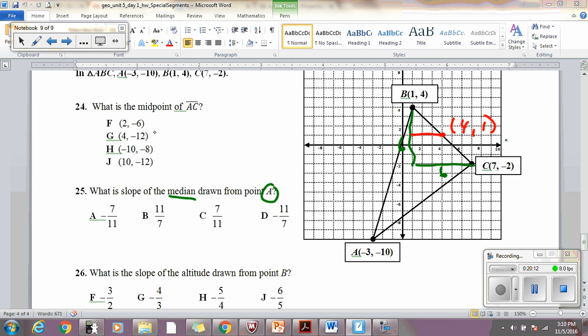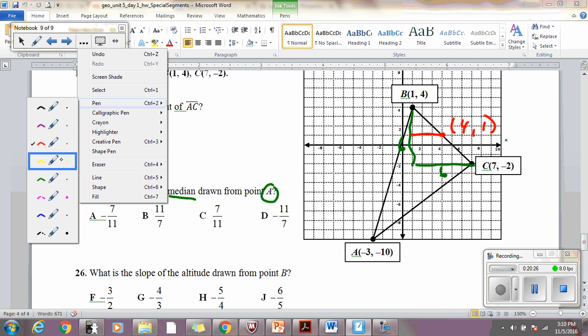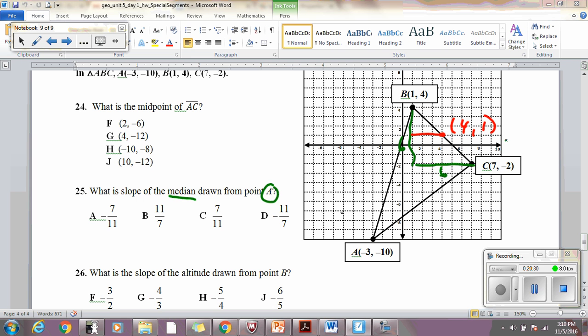So now that I have the midpoint, from A to that point, I could calculate my slope. So I would go up 2, 4, 6, 8, 10, 11, and over 3, 4, 5, 6, 7.